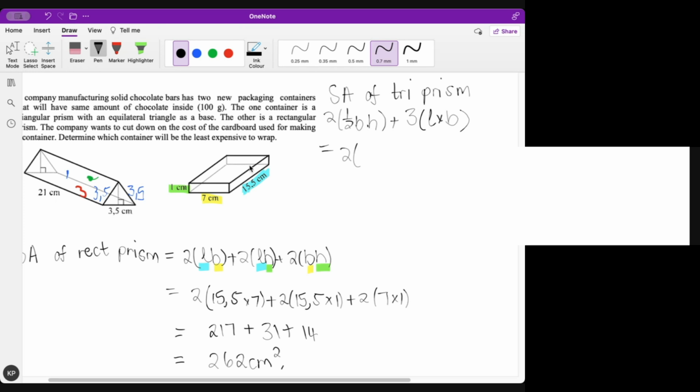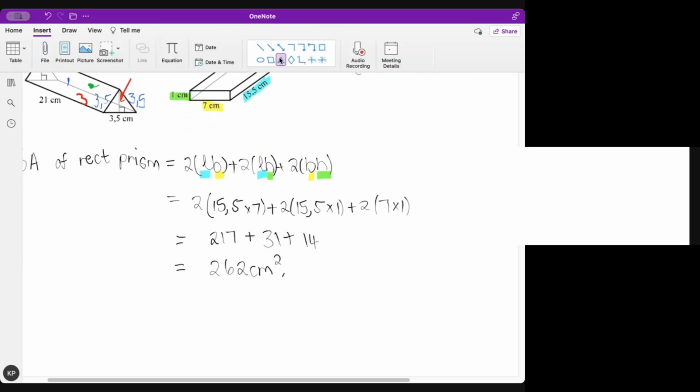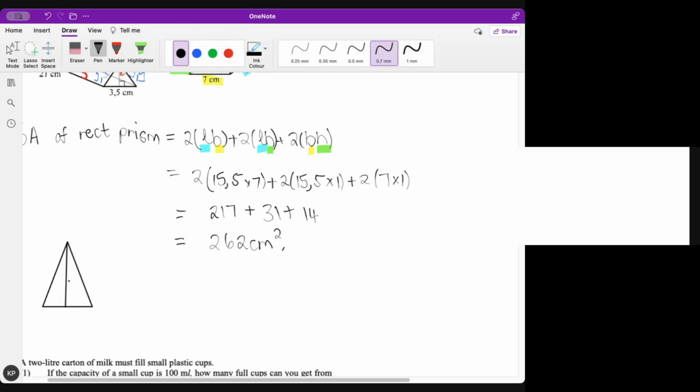The small height, your perpendicular height for your triangle. If this is my triangle, I'm going to draw it on the side over here. We know that this triangle is 3,5 at the bottom and 3,5 here, but we're only going to use one of these, right?